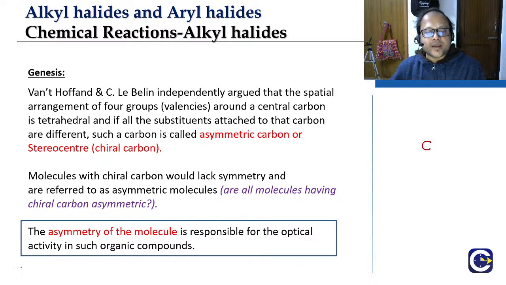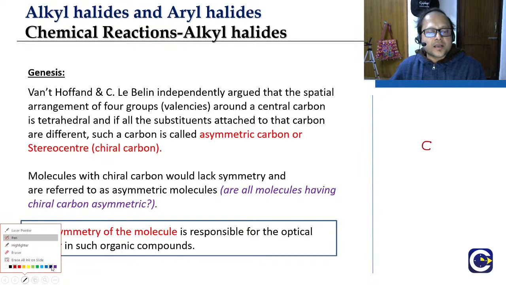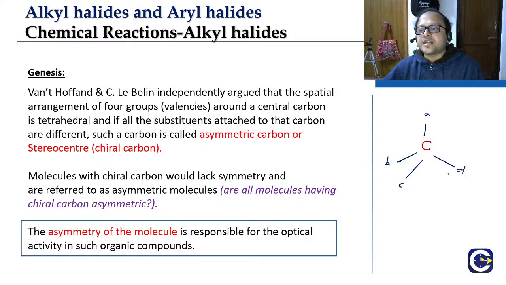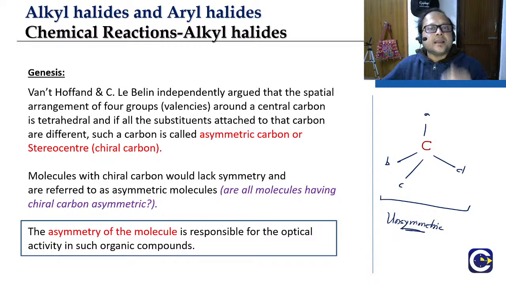So if you have four different groups on this carbon, like groups A, B, C and D, then such a carbon is totally unsymmetric, and this molecule has full potential of being optically active.